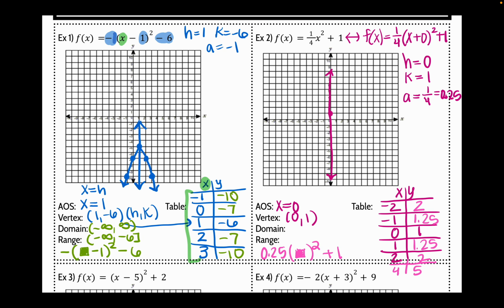So -2, 2, -1 is 1, like right there. This is why I added that extra number in, because some extra points just make it look a little bit neater.